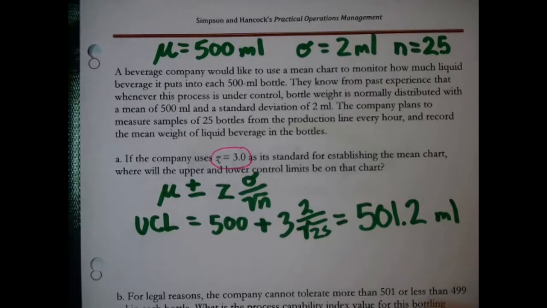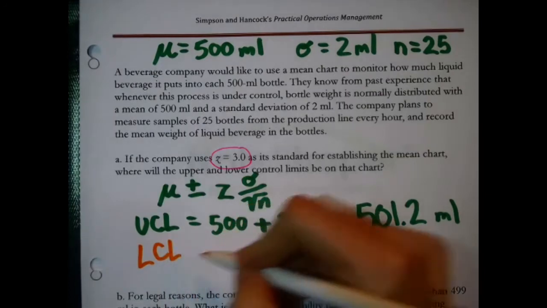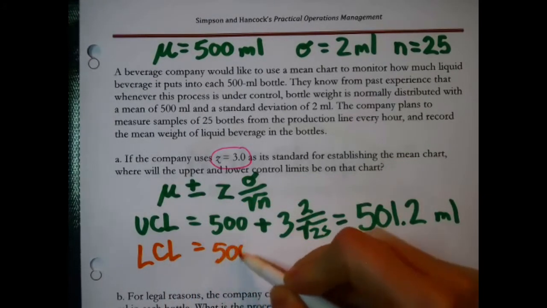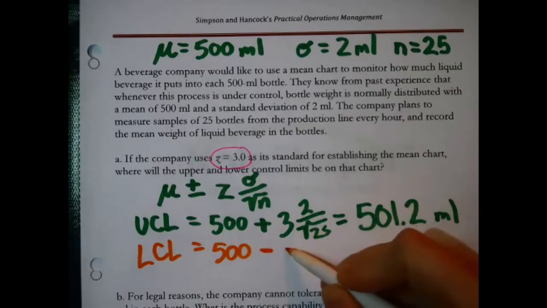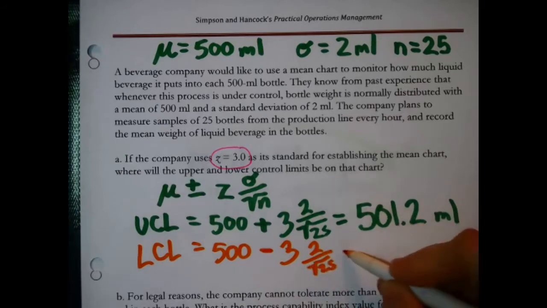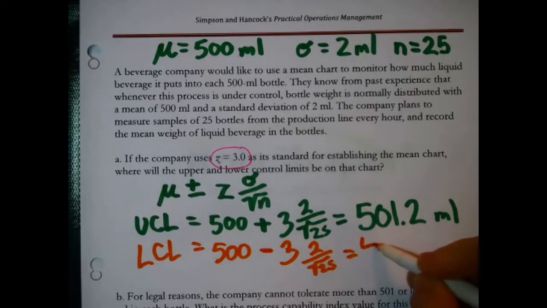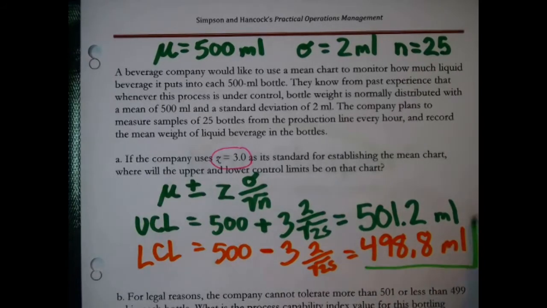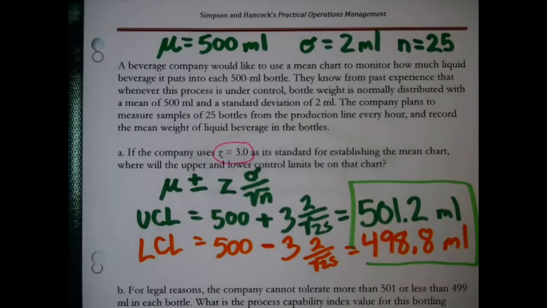For the lower control limit, we use the same expression again, 500, except now we subtract 3 times 2 divided by the square root of 25. So in this case, I get a lower control limit of 498.8 milliliters. And that's all we need to do to answer that question.